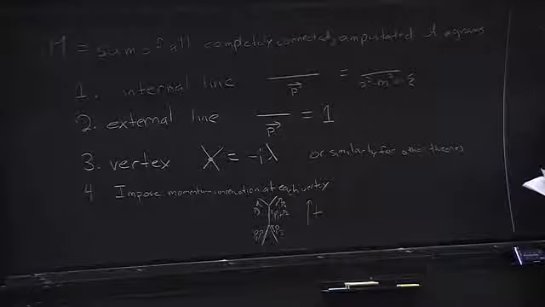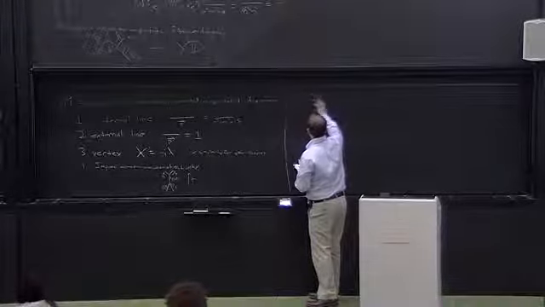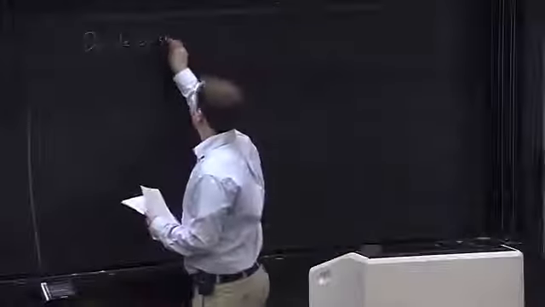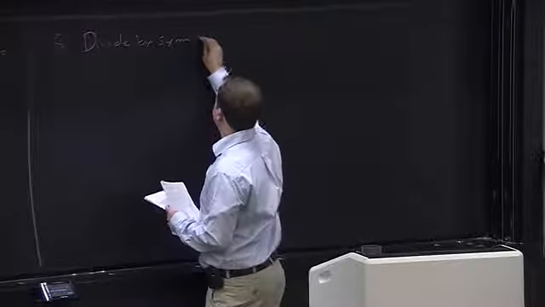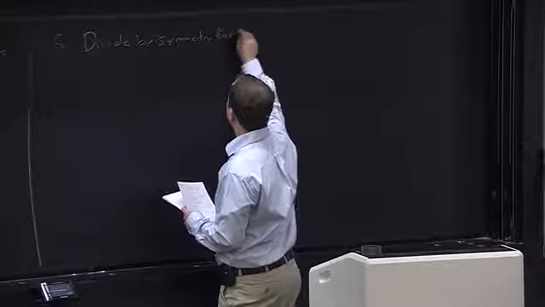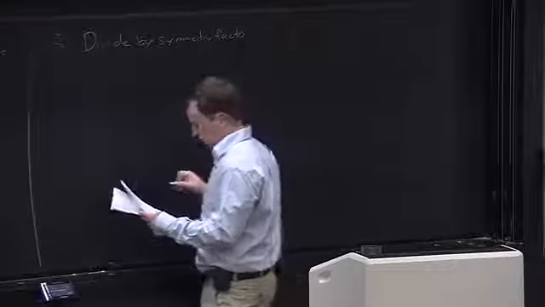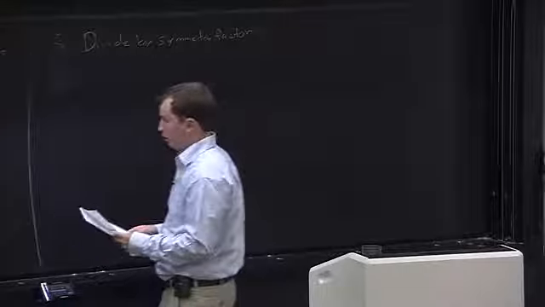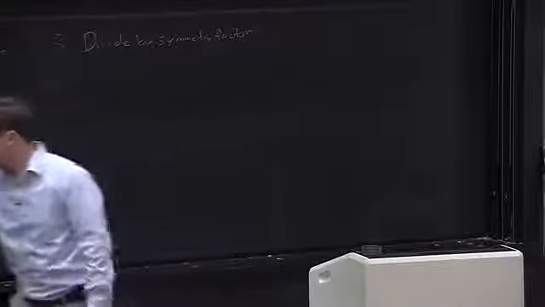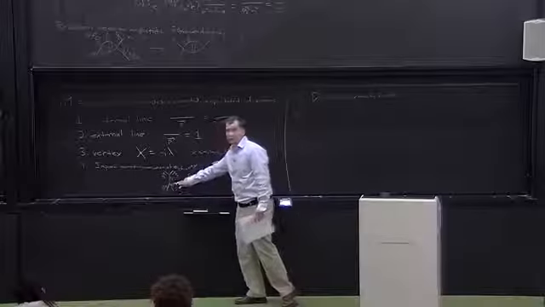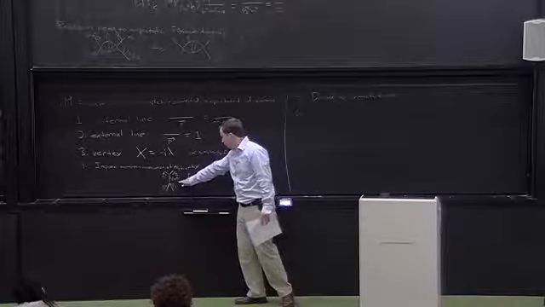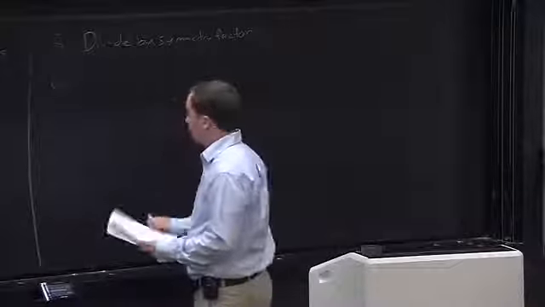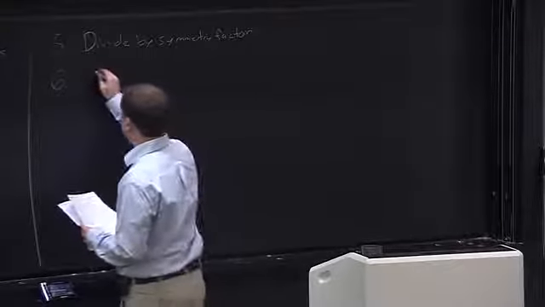Rule 5 is the same as before. Divide by the symmetry factor. And the last rule is sometimes we don't have enough information to impose momentum conservation at each vertex. And we'll have some undetermined momenta.